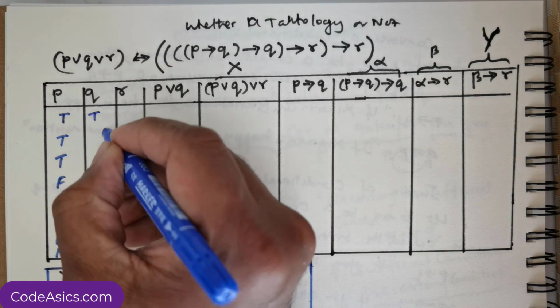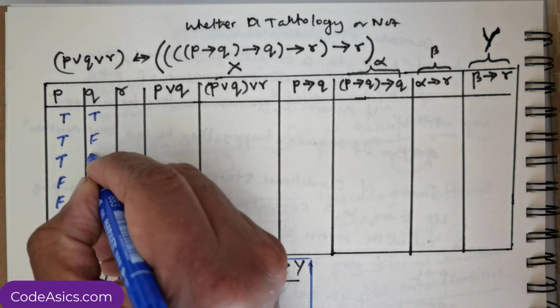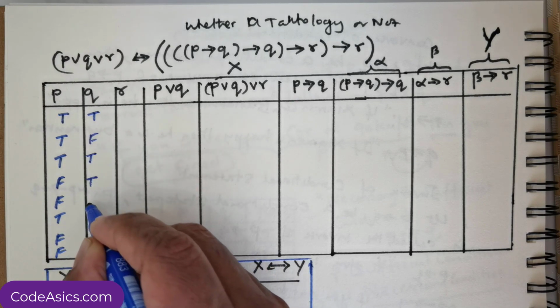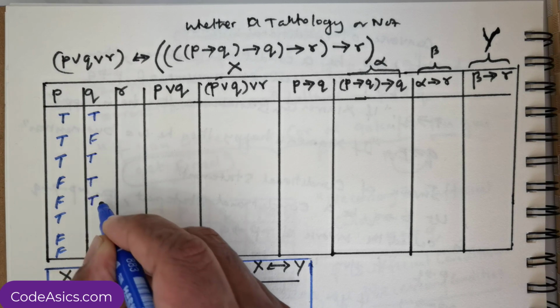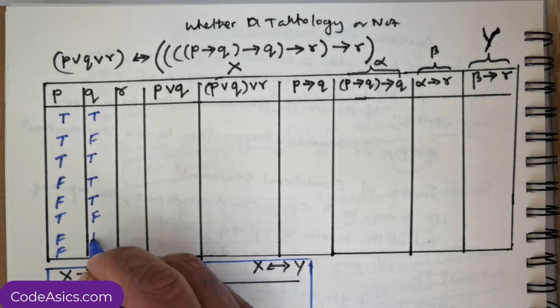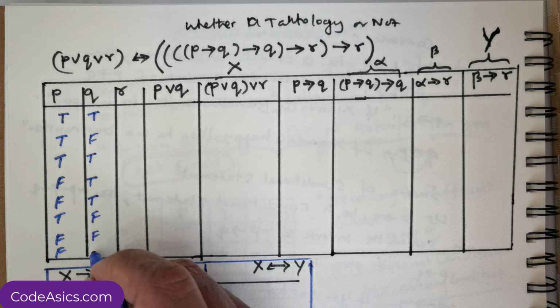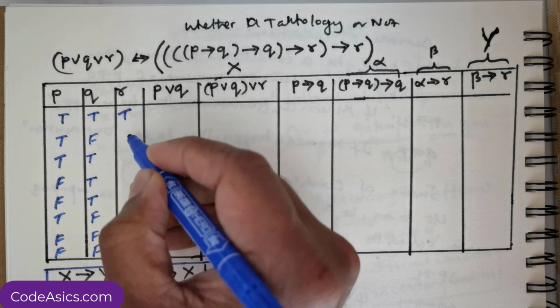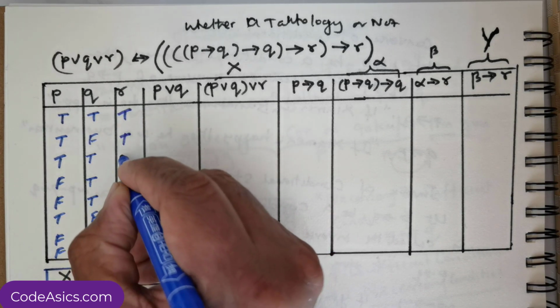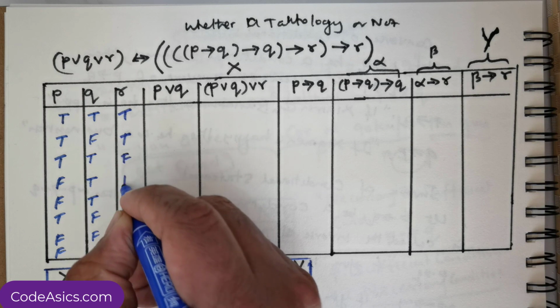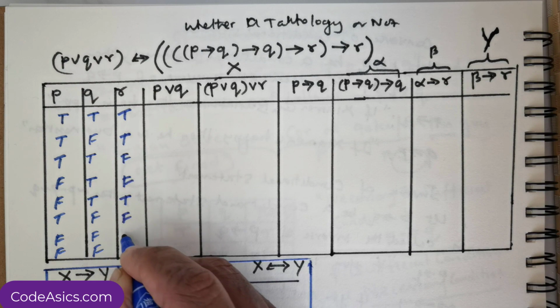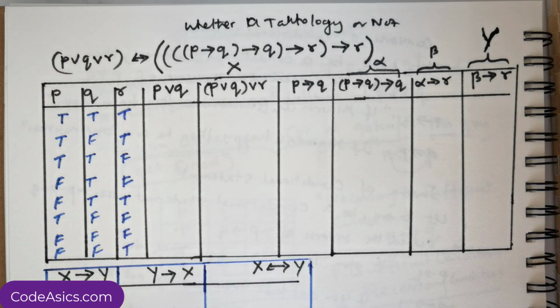And then you have T, F, T, T, and T, F, F, F. For R it's T, T, F, F, T, F, F, T. Now we can actually easily obtain the truth values.